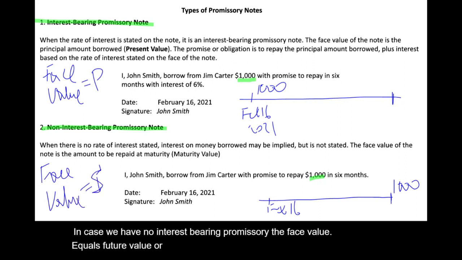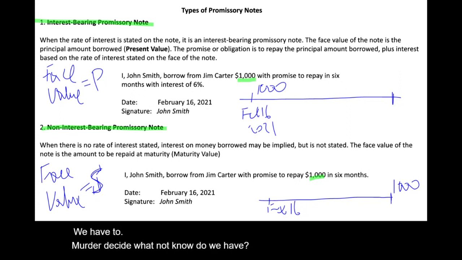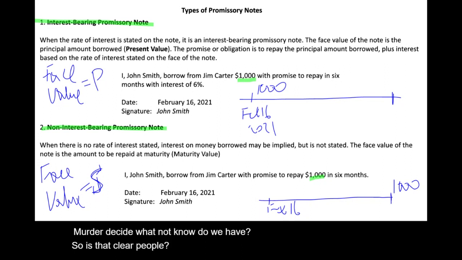Oh, that's S, right? Okay, that's the main difference between these two notes. So before we do anything, we have to decide what note we have. So is that clear, people?